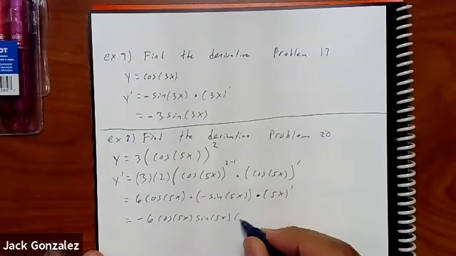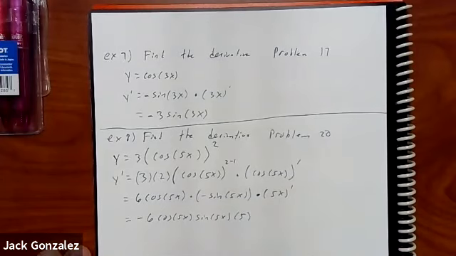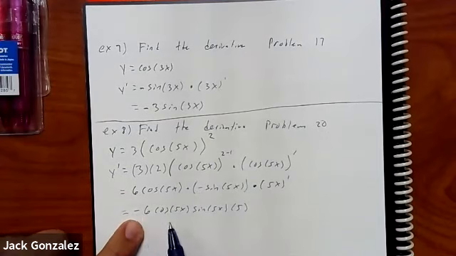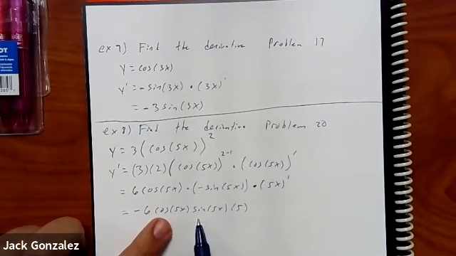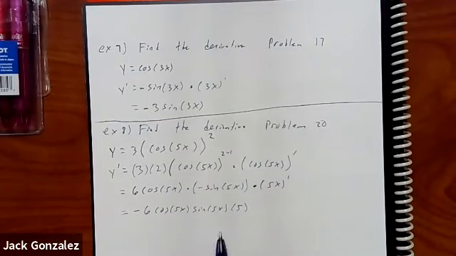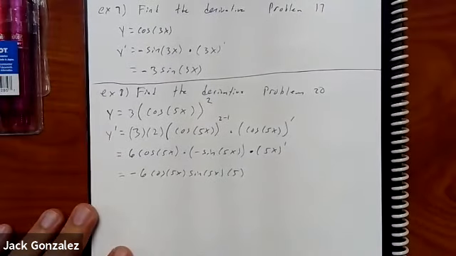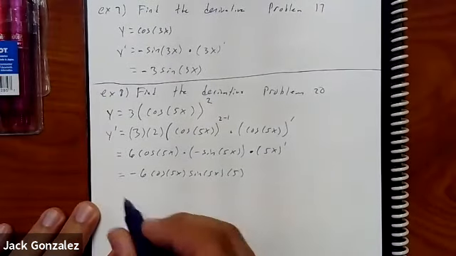Derivative of 5x will be 5. So I went ahead and multiplied the negative and the 6 here, and I put the cosine and sine next to each other, just to be a little neater. So -6 times the 5 is the final step.